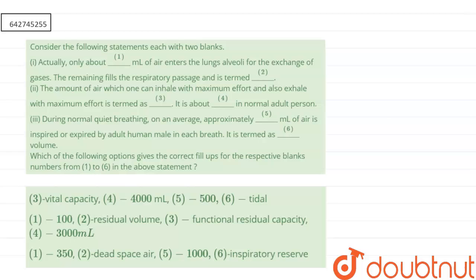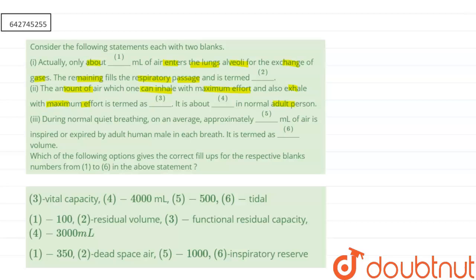Hello everyone, let's start the question. Our question says: consider the following statements, each with two blanks. The first one is, actually only about dash ml of air enters the lungs' alveoli for the exchange of the gases. The remaining fills the respiratory passage and it is termed as dash. Second is, the amount of air which can be inhaled with maximum effort and also exhaled with maximum effort is termed as dash and it is about dash in a normal adult person.